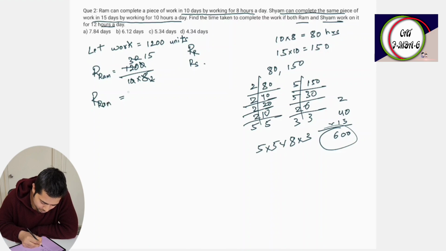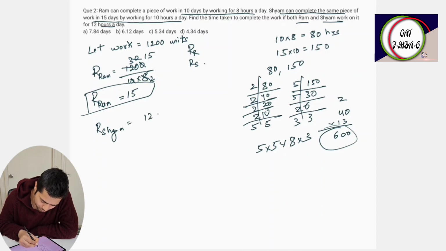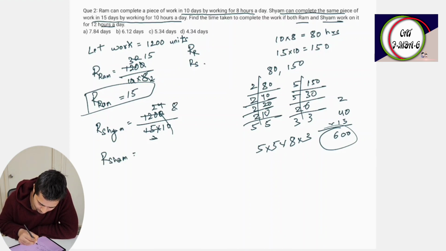Rate of Ram is equal to 15. Rate of Sham is equal to 1200 divided by 15 into 10, that is 1200 by 150. So the rate of Sham is equal to 8.